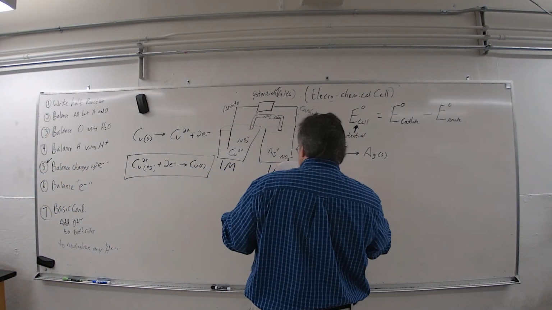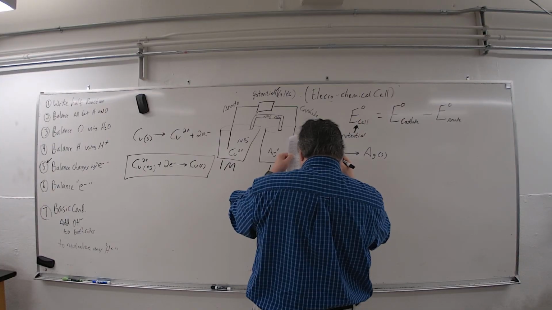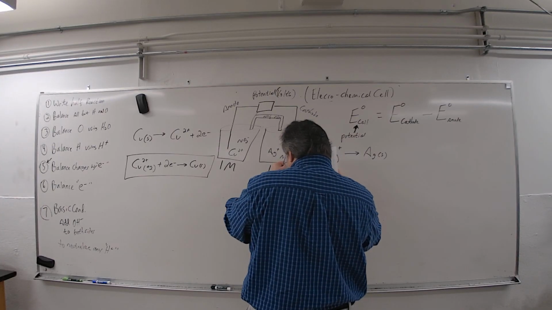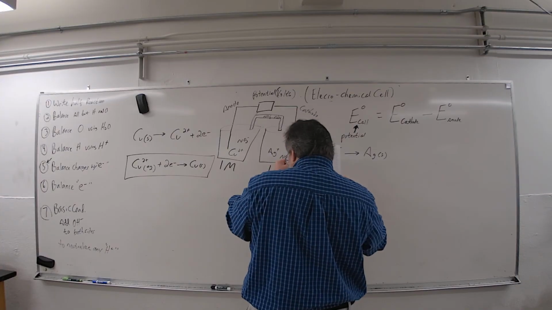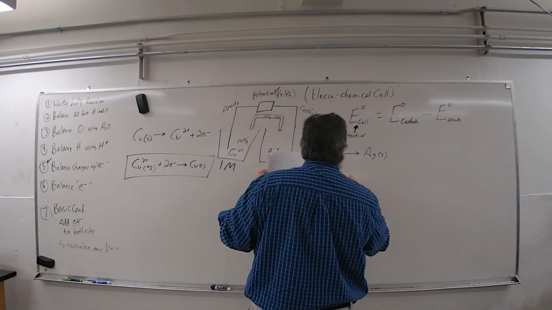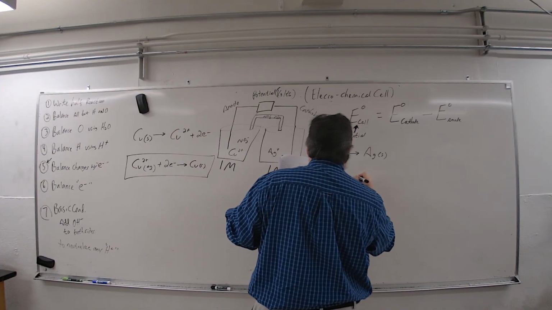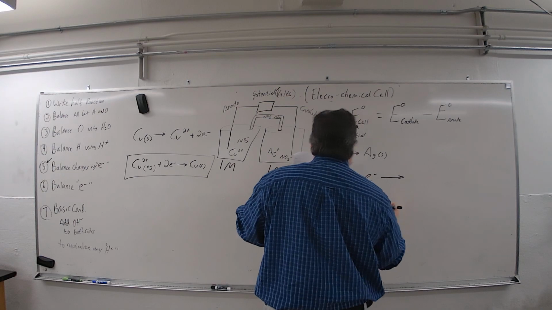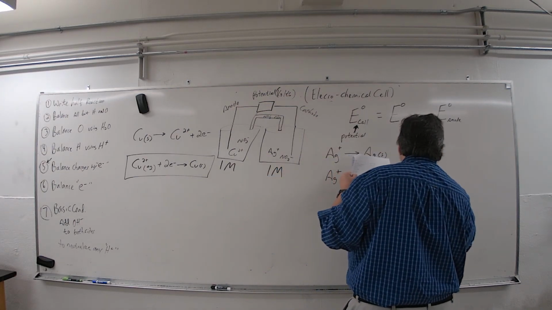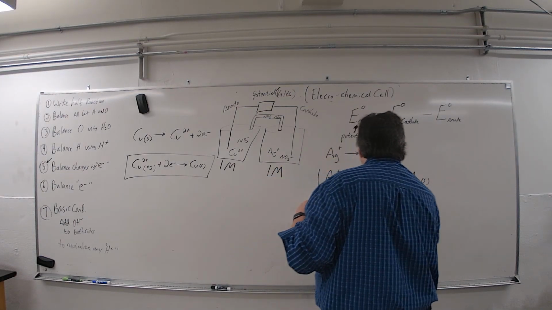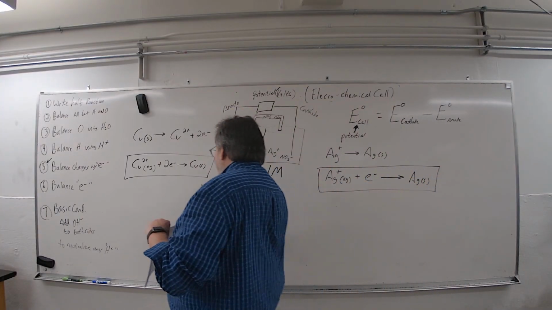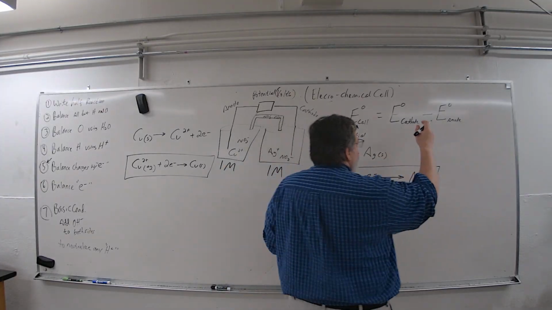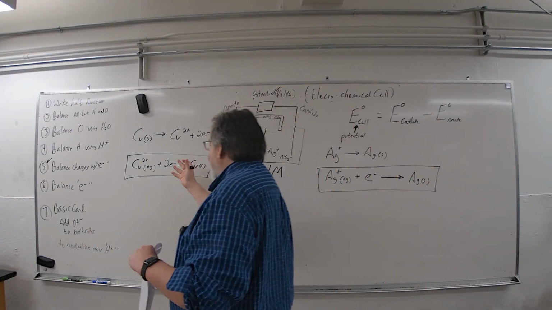And if I look for the Ag plus, there it is. Your book tells you that this is negative, so that takes care of this swapping.